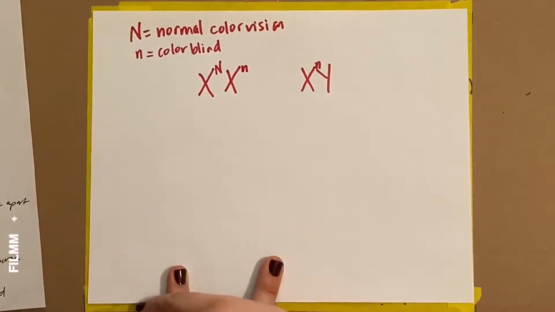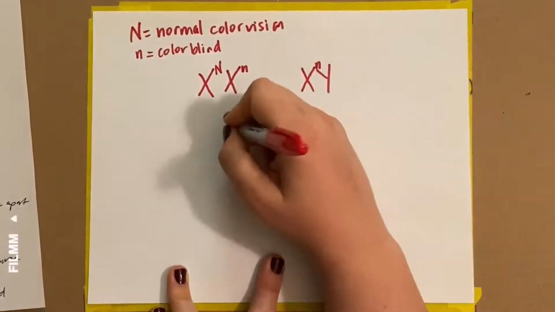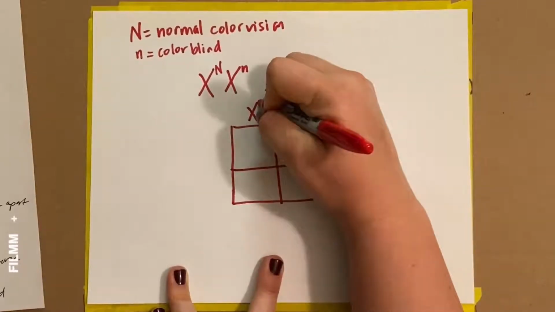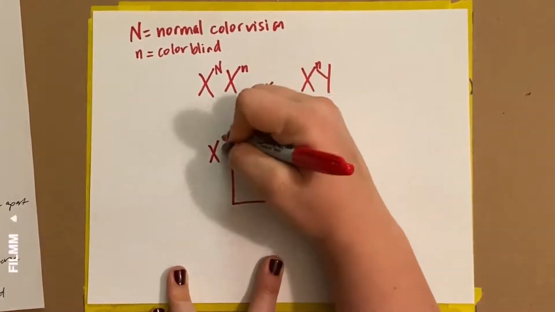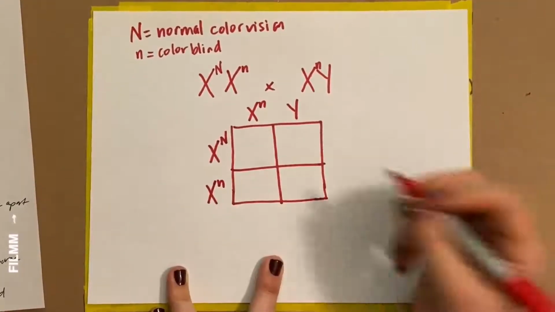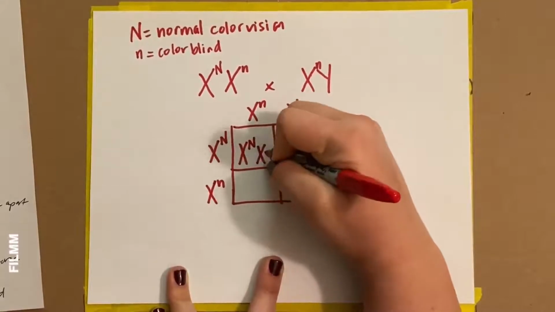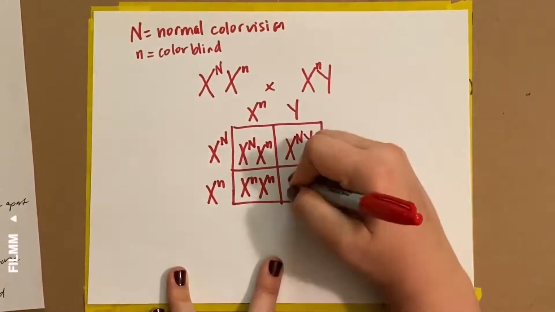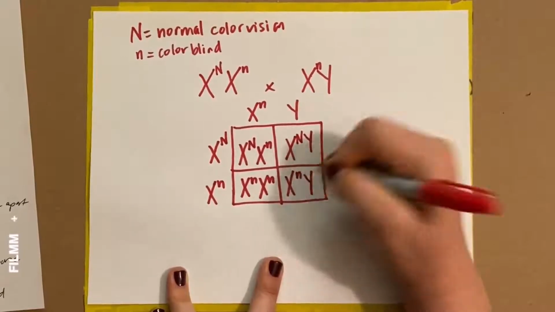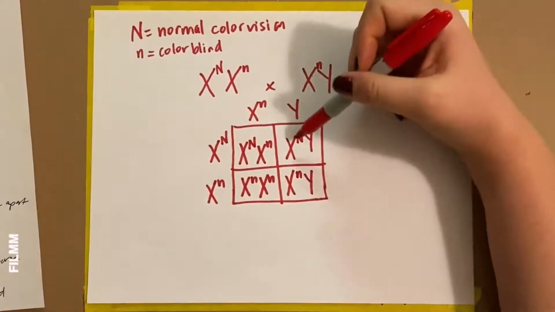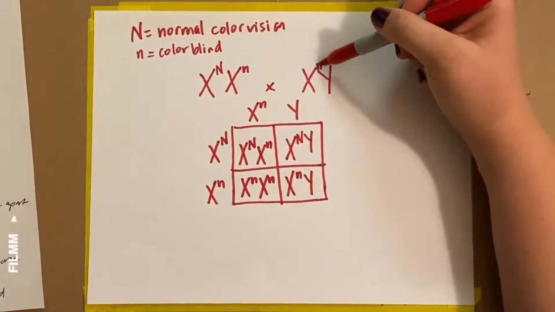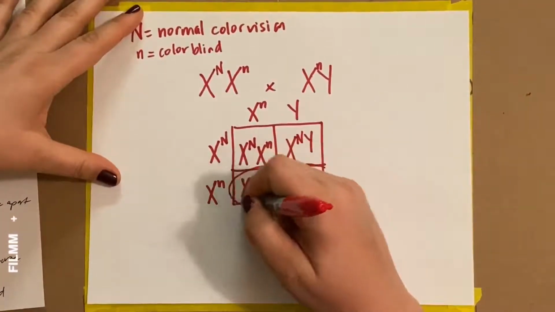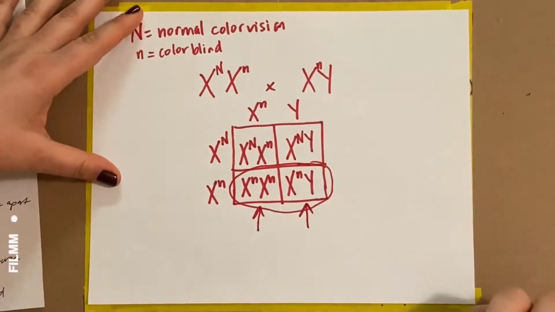We can do a cross: X big N, Y, and X little n, Y. The man has a lowercase n, so he has color blindness, and this woman is a carrier, so both a daughter or a son can end up colorblind.